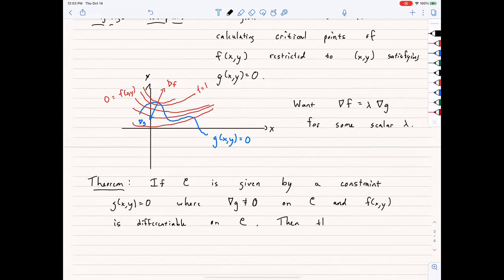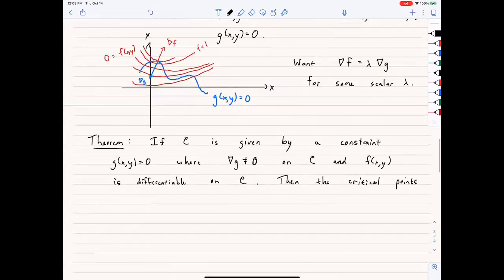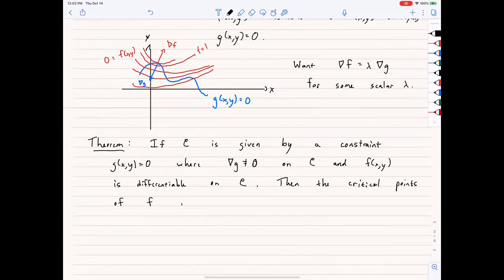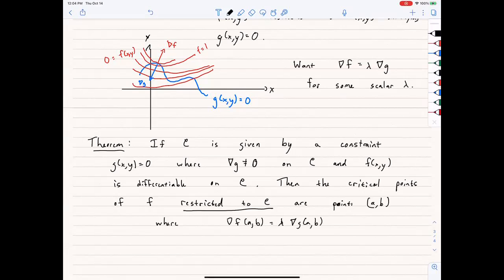Then the critical points of f restricted to C are points (a, b) for which there's a solution to the equation that I just wrote: the gradient of f at (a, b) is equal to lambda times the gradient of g at (a, b) for some real number lambda.